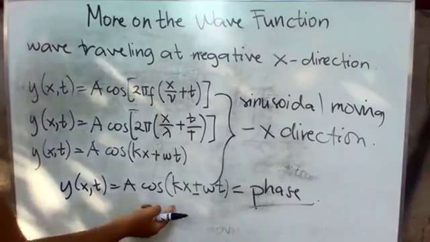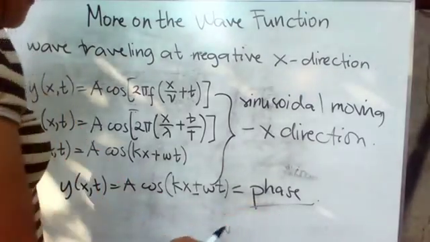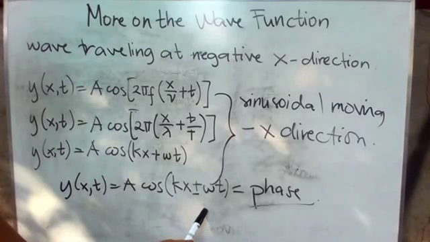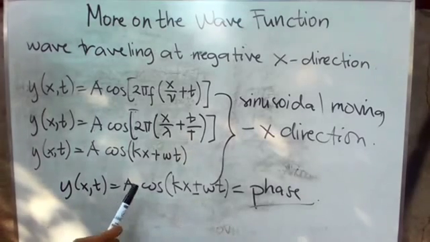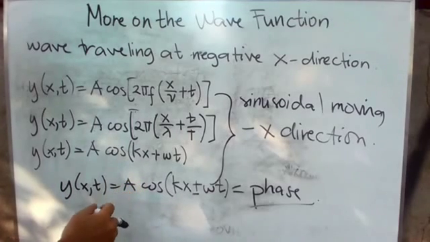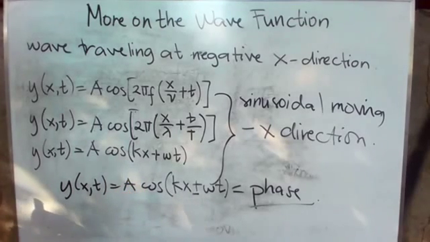So we call this quantity the phase. This plays the role of an angular quantity, which for any values of x and time determines what part of the sinusoidal cycle is occurring at that particular point and time.